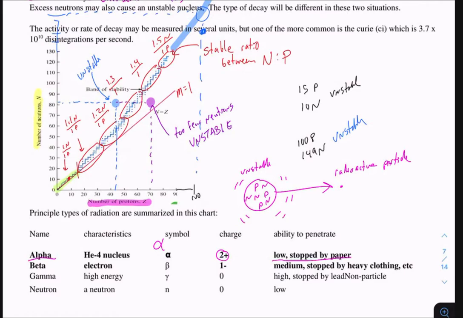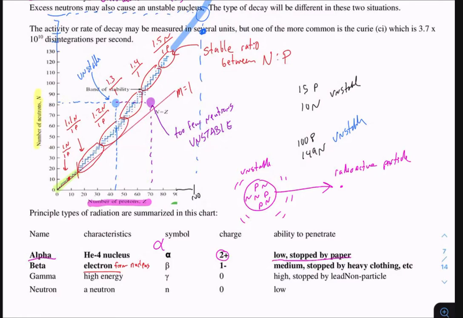Then there's beta. So beta is known as essentially an electron. It has the same characteristics as an electron. It's not exactly the same because a regular electron and a beta particle don't come from the same place. A beta is an electron that comes from the nucleus. But it's the same mass, the same energy.